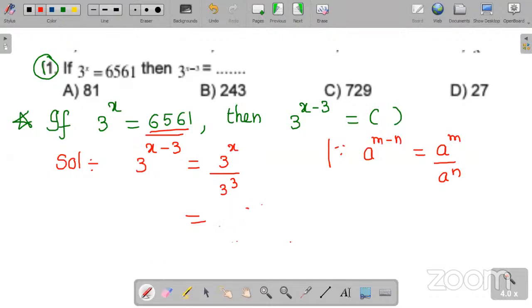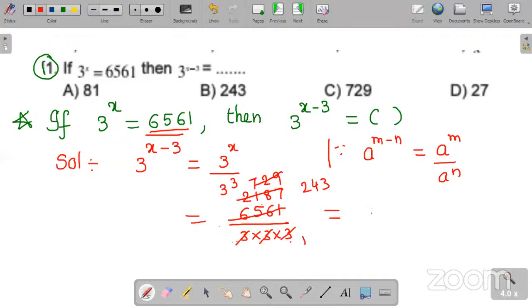I will write 6561 upon 3 into 3 into 3. Simplifying step by step, 3 twos are 6, 3 ones, and so on, and 3 fours, 3 threes. So 243 is the right answer.